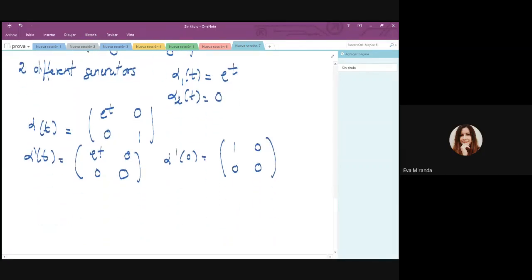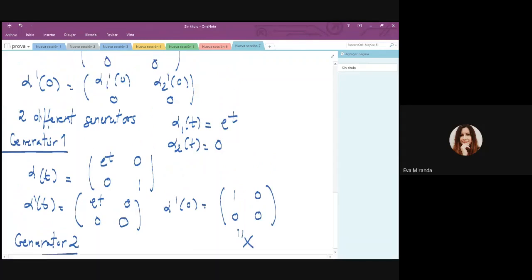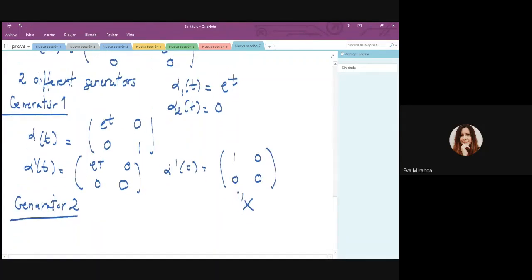A different solution, so this is generator 1. And I may call this guy x. Why not? And let me complete the generator 2. Well, I may consider alpha 1 of t. I may consider an element of the group of the type 1, because this has to be positive.